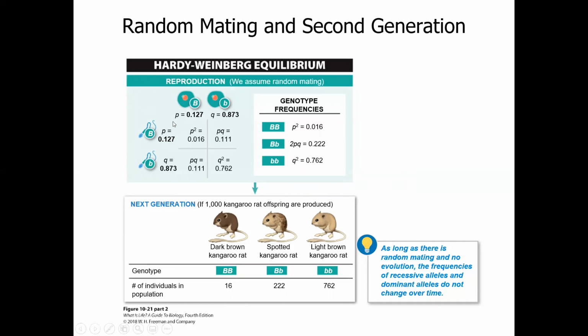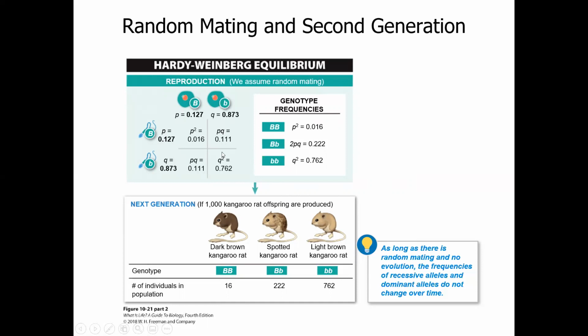So P times P in this case is going to get our P squared, which is 0.016, which is representative of our homozygous dominant condition. So P squared is 0.016, which is representative by the P times the P. Second, we have our P, which is 0.127, multiplied by our Q, which is 0.873, to get 1 PQ, which is 0.111, but we do this 2 times.